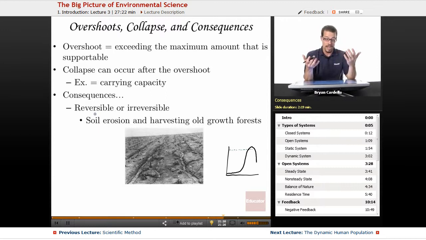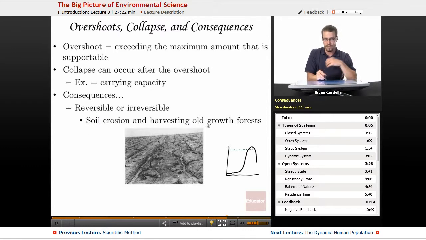But it could happen again where the consequences, hopefully they're reversible, that we can control the population growth after an overshoot and after this collapse. But sometimes the long-term consequences are irreversible. Extinction, complete destruction of an environment. Those things are hard to reverse.